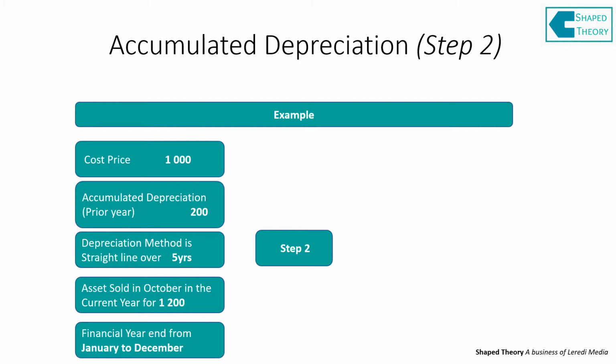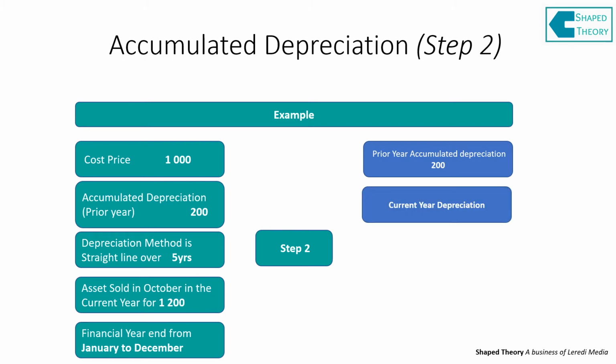In this instance, we know that the accumulated depreciation for the prior year is 200. We will therefore need to calculate the current year depreciation and add it to the accumulated depreciation of 200, as mentioned.